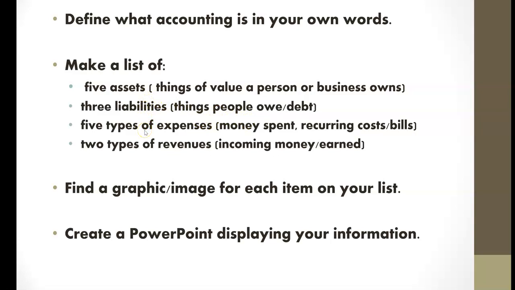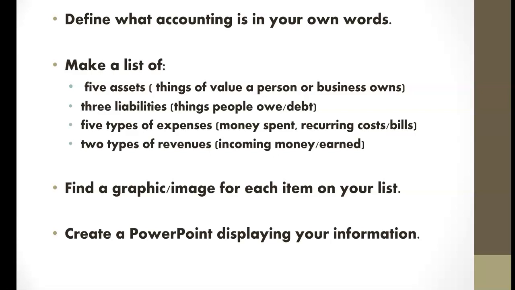Okay, so find 5 types of expenses a business may have to pay or an individual may pay over and over and over again. And then I want you to think of 2 different ways that a business could earn money. Make a list of those things. And then what I would like you to do is to create some type of presentation.